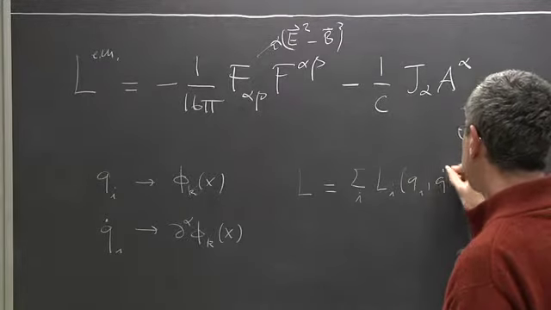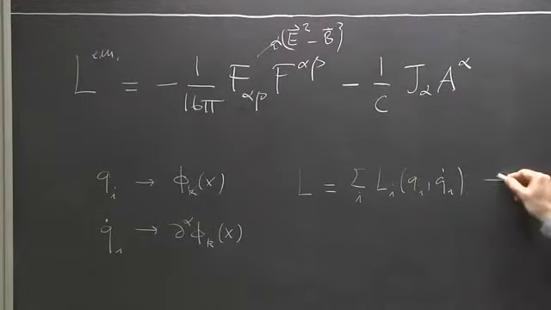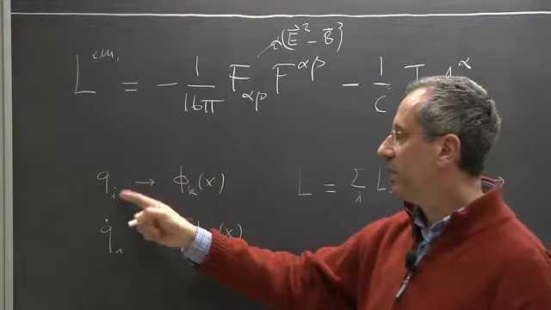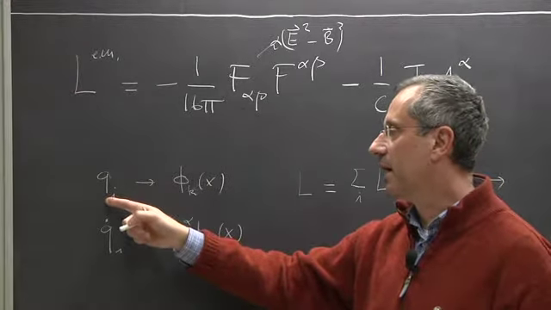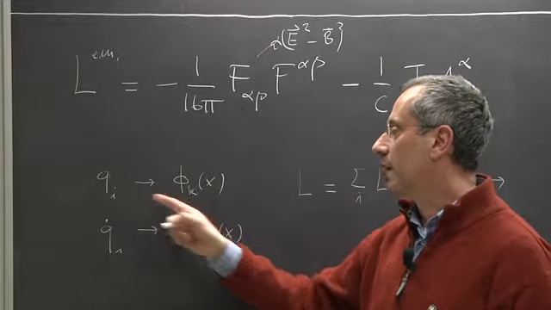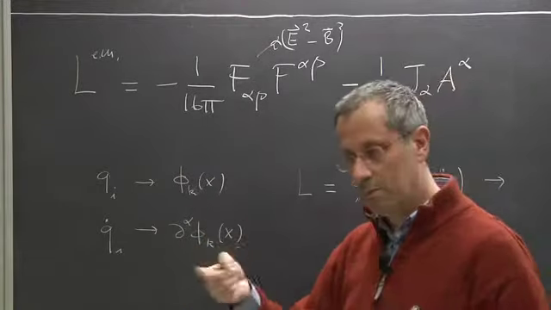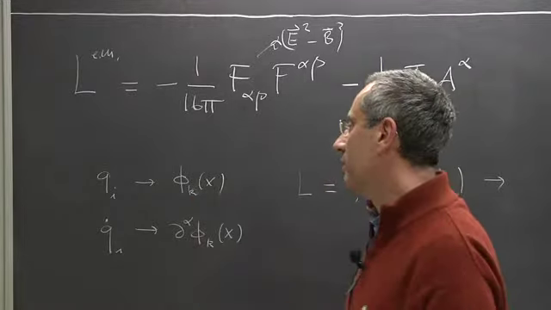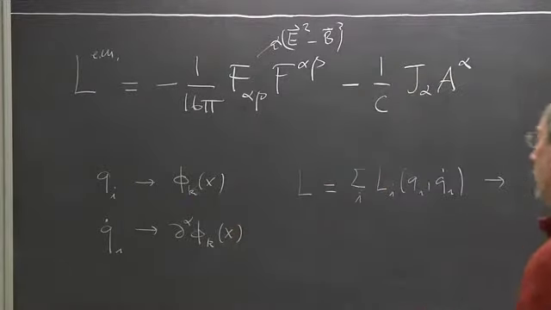And now, because it's no longer a numerable number of coordinates but a continuum of coordinates, so to speak, the Lagrangian becomes an integral of a Lagrangian that is a function of these fields.